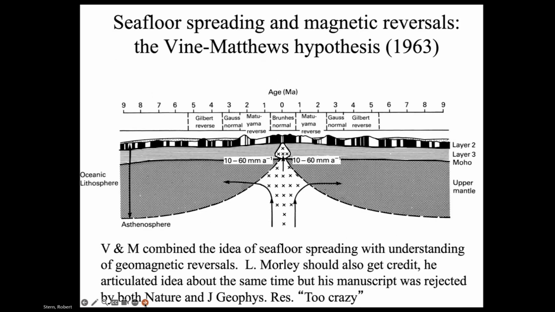All right. So seafloor spreading and magnetic reversals led to the Vine-Matthews hypothesis of 1963. Now, you remember I called it the Vine-Matthews-Morley hypothesis. The reason I've added Morley on is because he should also get credit because he articulated the idea at about the same time, but his manuscript was rejected by both Nature and the Journal of Geophysical Research, as the reviewers just thought it was too crazy.